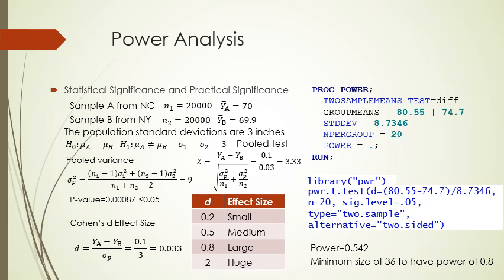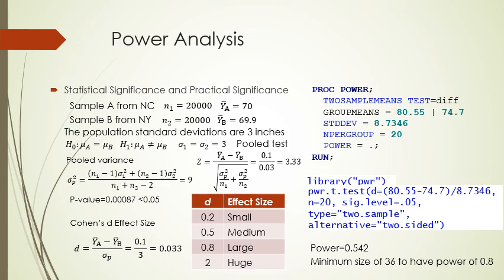Cohen's d effect size is an appropriate effect size for the comparison between two means. Mathematically, it is the difference of the sample mean divided by the pooled standard deviation. If d is less than 0.2, then the effect size is small.